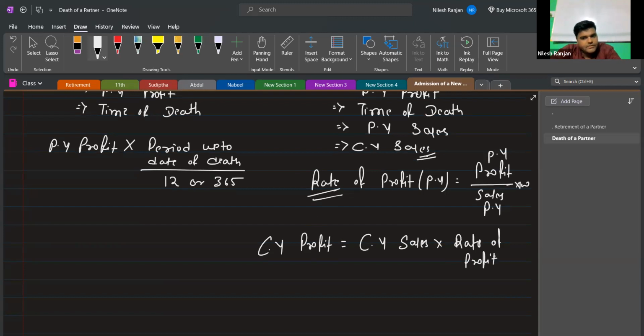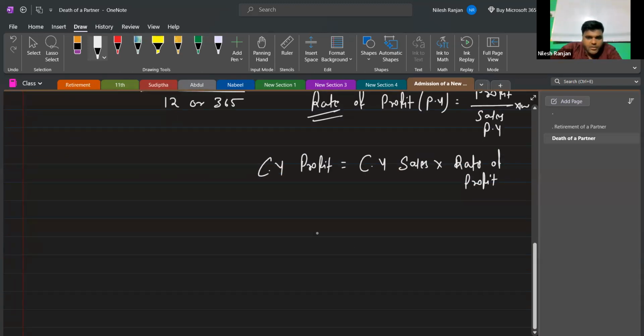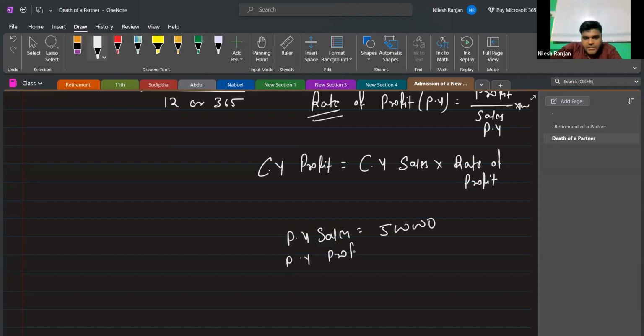So let's say we take an example here. Previous year sales is 5 lakh. Previous year profit is 1 lakh. If in this case, date of death is not given, then no problem.